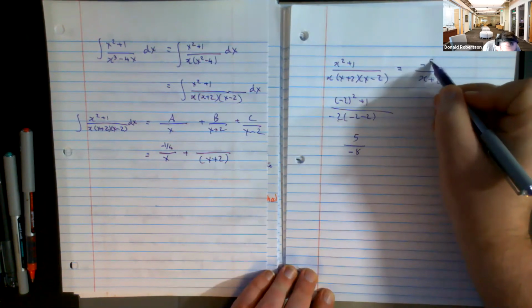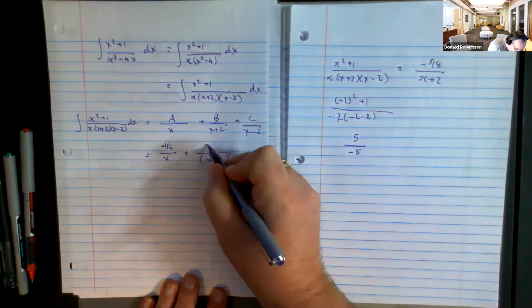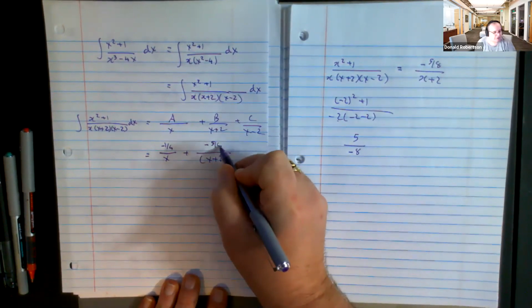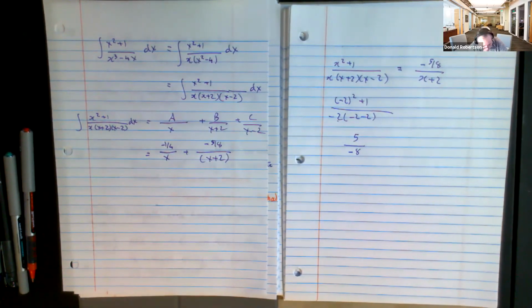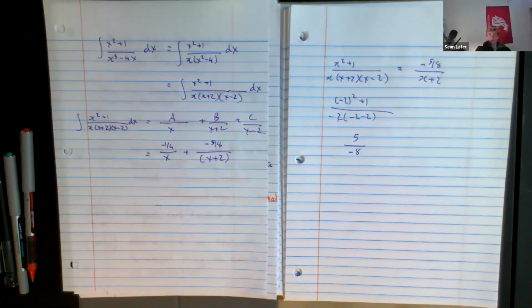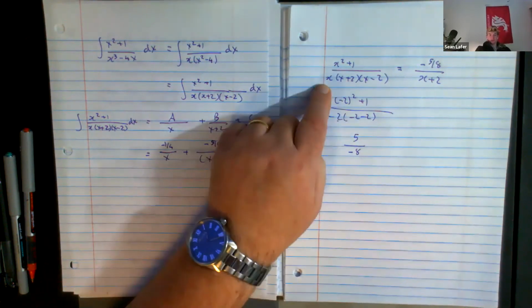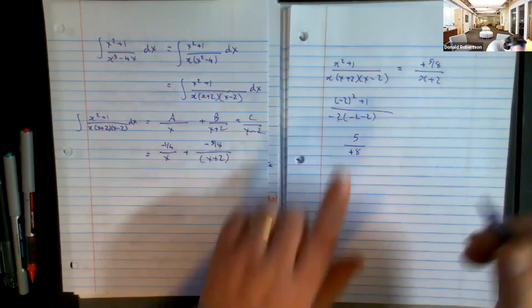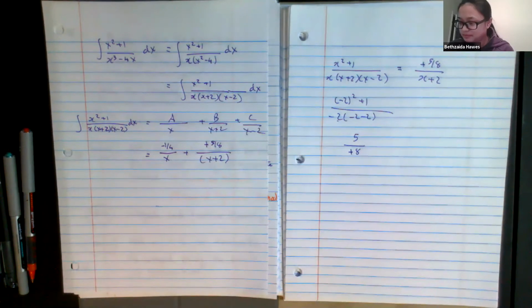And I get negative 5/8. You agree? Wouldn't the bottom be positive? Positive, yeah. Oh! Do you agree now? Okay.